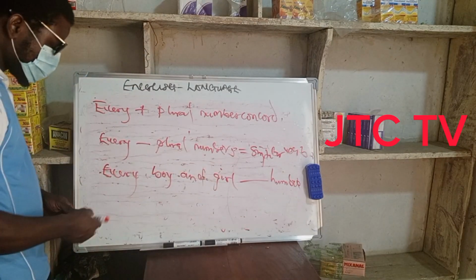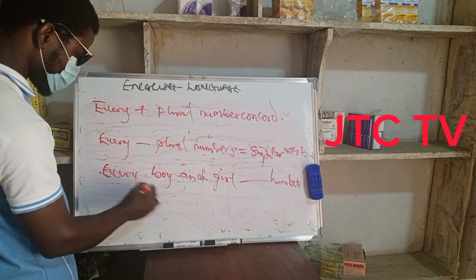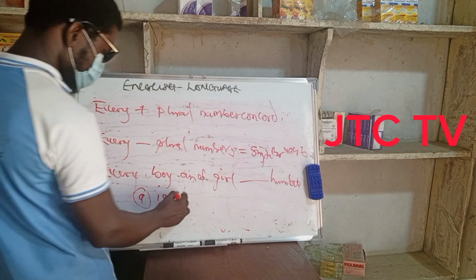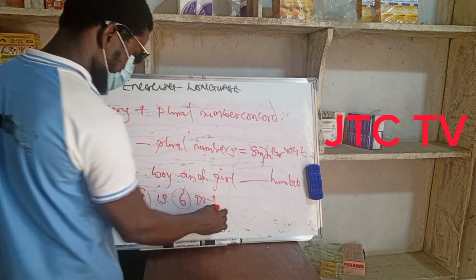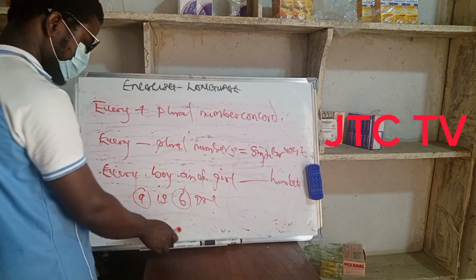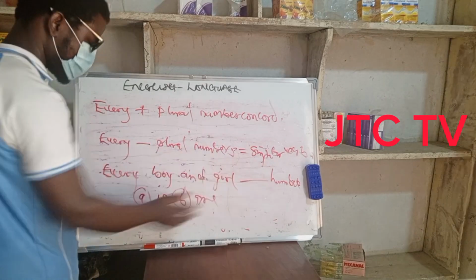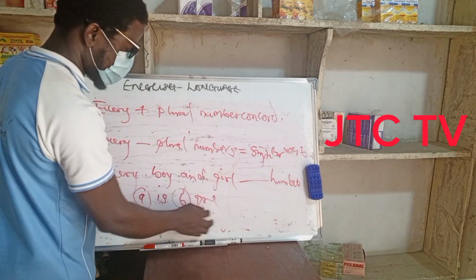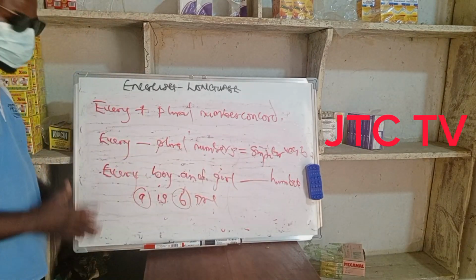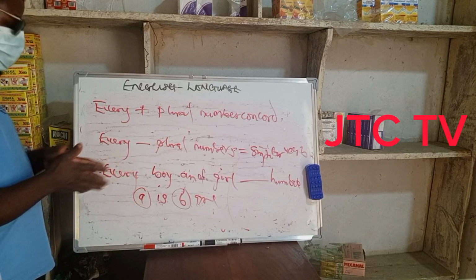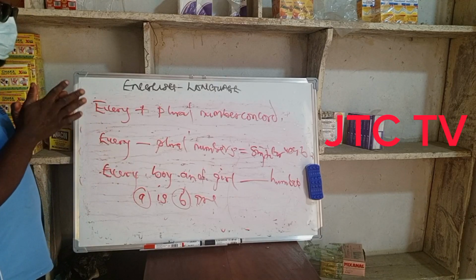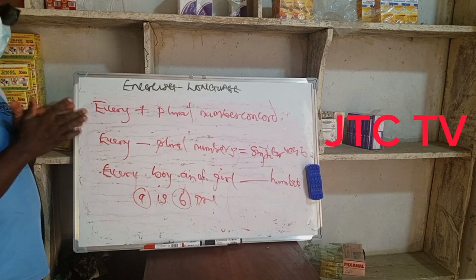So if you have options like A, is, B, are, the option to choose is Option A. Every boy and girl is humble, and not every boy and girl are humble. It is wrong. So that's all for every plus plural number concord.